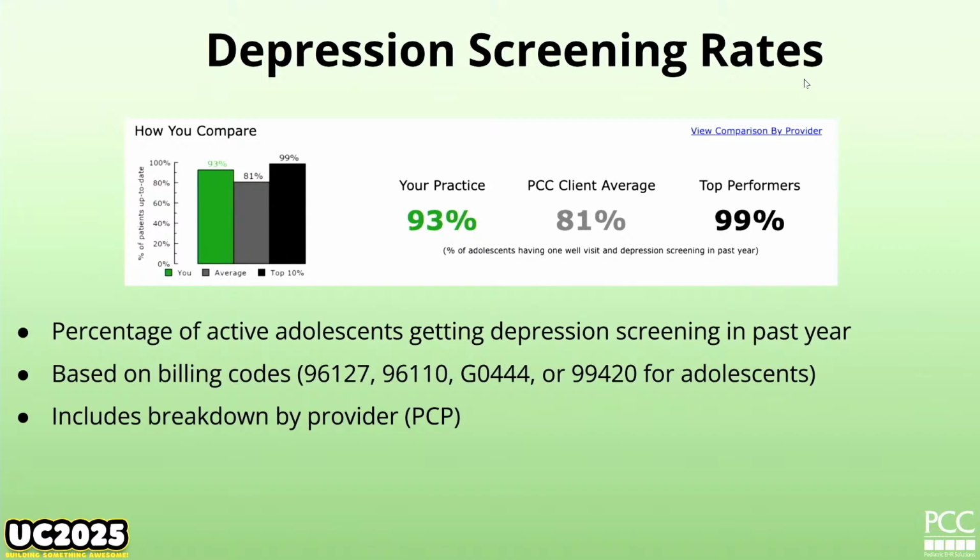The way we show it is the percentage of active adolescents that had any of these billing codes listed here billed within the last year. So the percentage of patients that had a well visit and a depression screening in the past year. We have an updated version of this measure coming in the report library very soon. Bastion may be working on it right now. So I'll talk about that in a second.